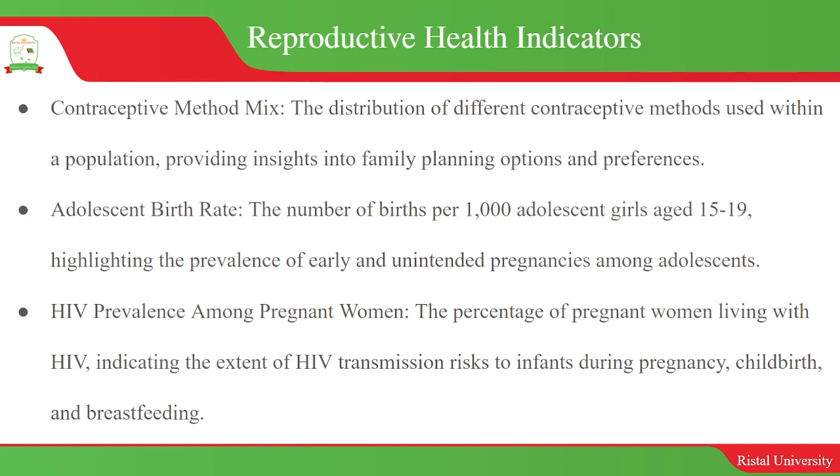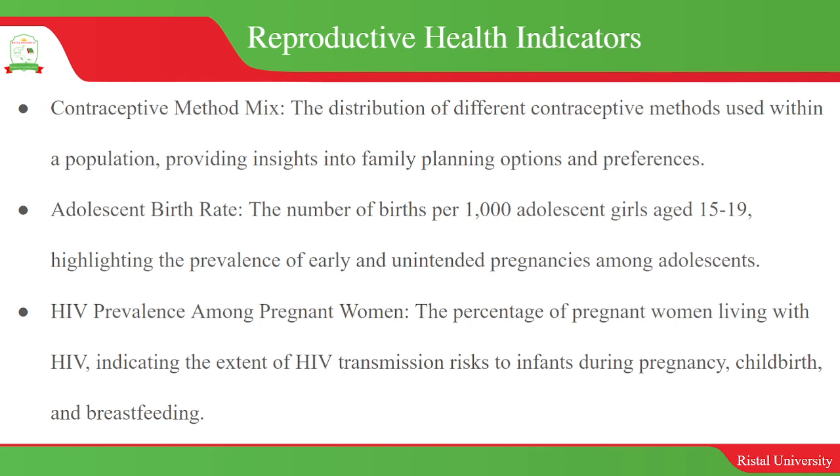And then HIV prevalence amongst the pregnant women. Okay? So the number of pregnant women living with HIV. Okay? This is an indication of the extent to which you are likely to have a mother-to-child HIV infection.